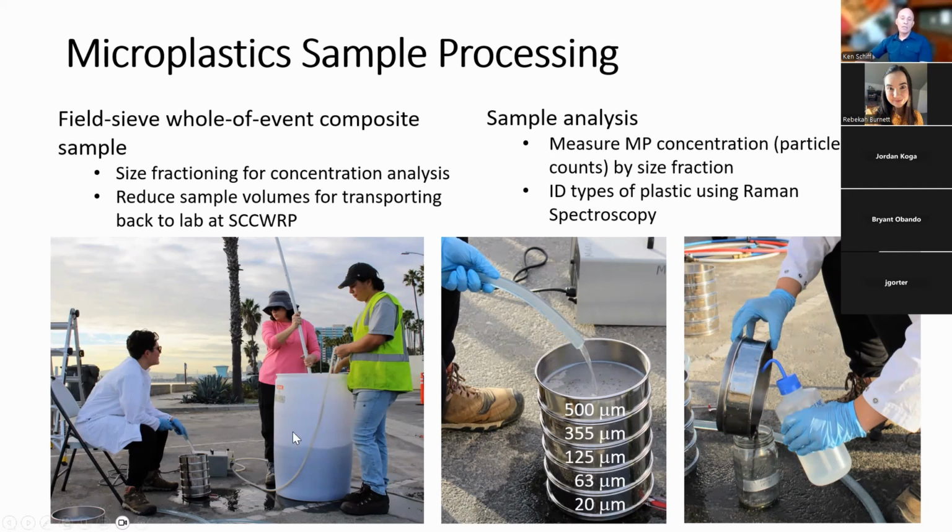Same test sites. Here you can see the 55-gallon drum of our whole storm composites. We had 2 choices: run this all the way back to the laboratory and try to fractionate it, or instead, what we did was pump this through a sieve stack and filter it in the field.